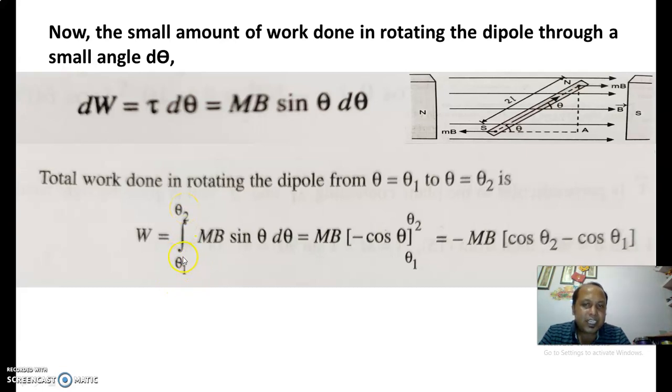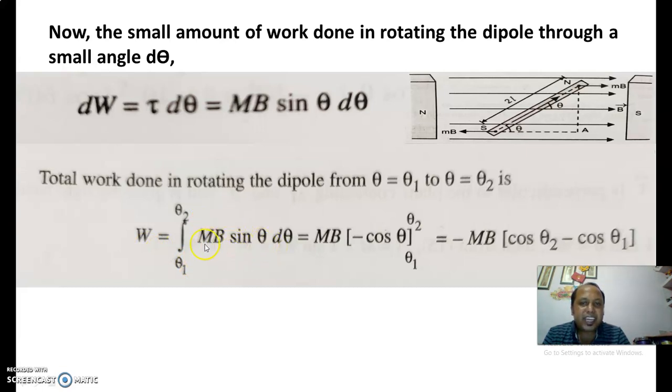So when the dipole is rotated from an angle theta 1 to the final position where the orientation is theta 2, the total work done will be the integration from theta 1 to theta 2 of mB sine theta d theta.